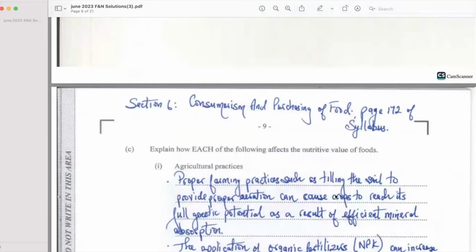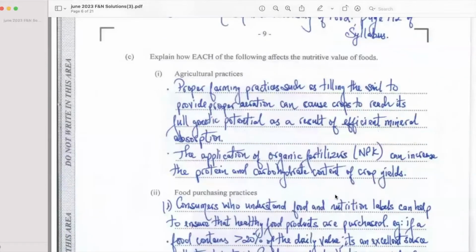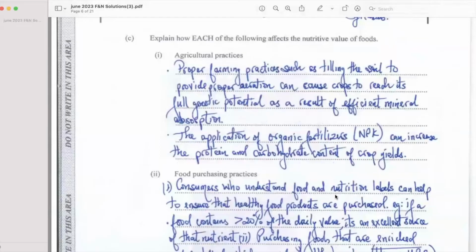All right, next question. Explain how each of the following affect nutritional value in food. So the first one is agricultural practices. And the next one, food purchasing practices. So for agricultural practices, proper farming.